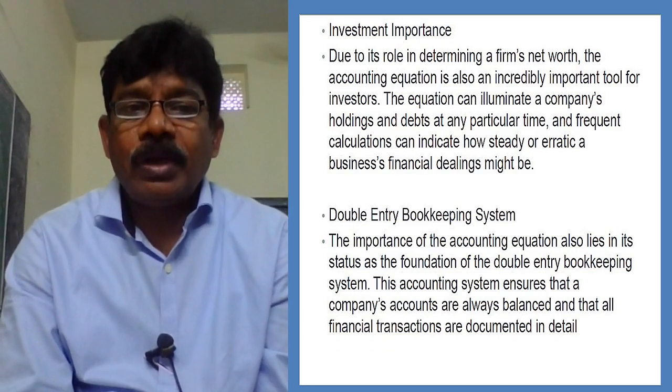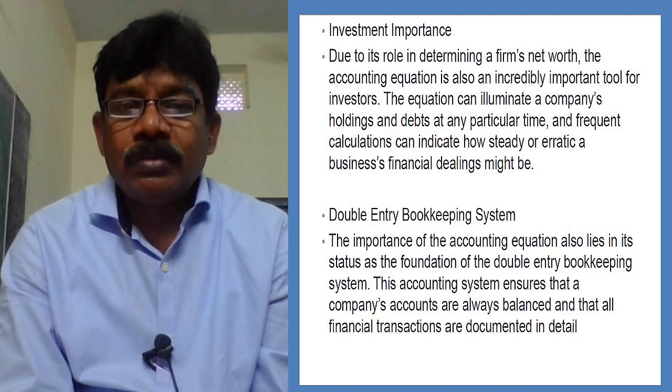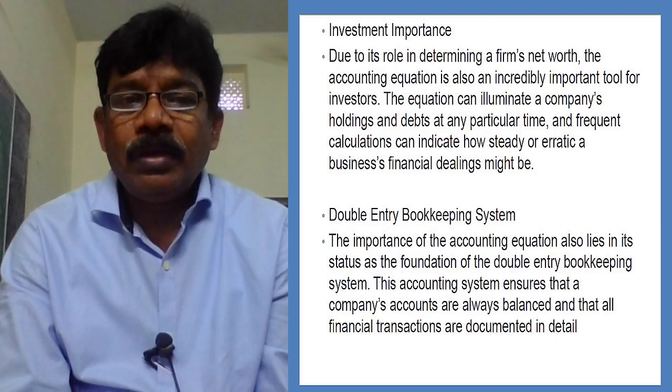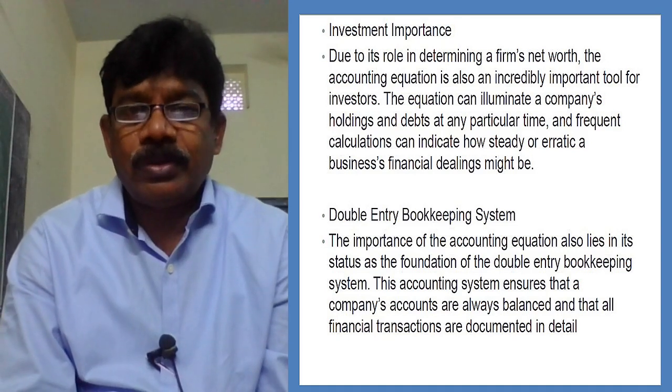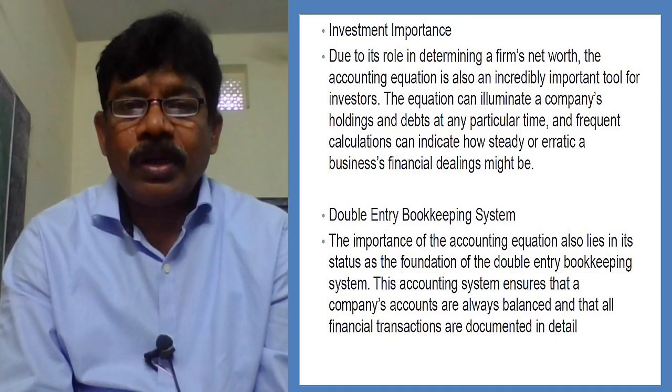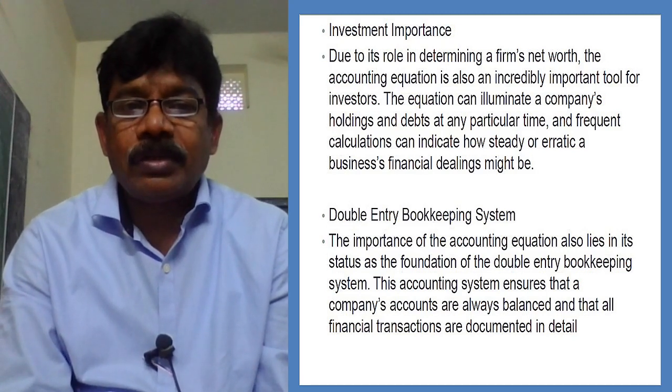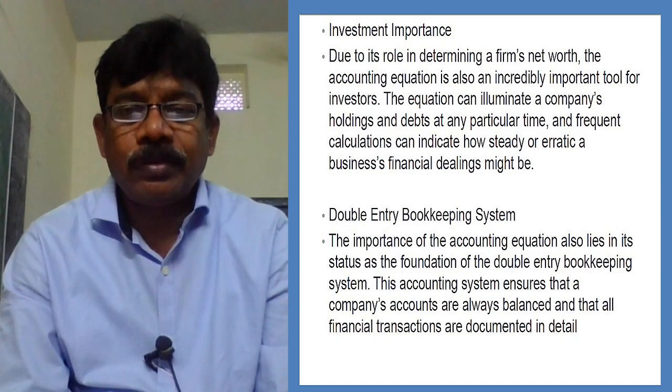So if we invested 100 crores, then the liability will be 100 crores. Similarly, assets may be 100 crores. So the importance of investment can easily be understood with the accounting equation.